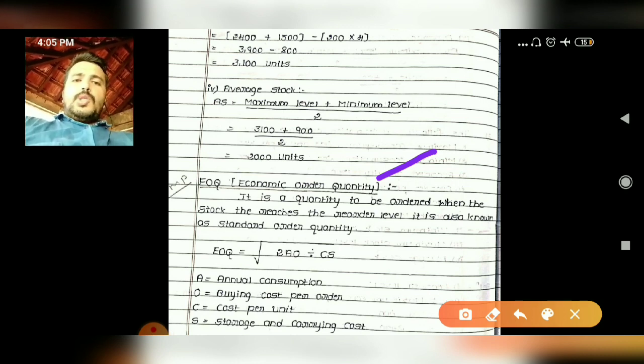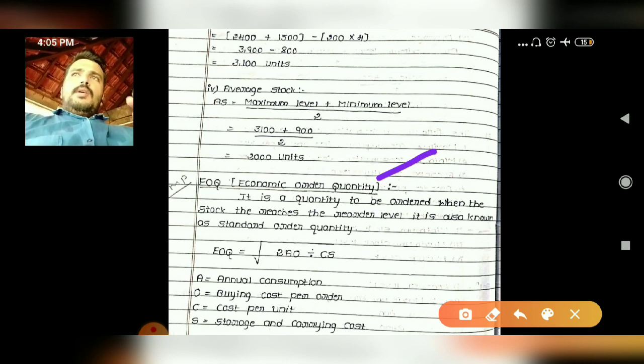So whenever your stock reaches the reorder level, you have to order the materials from the suppliers or the farmers. But what is the economic way of ordering, in the sense which will avoid understocking and overstocking issues?